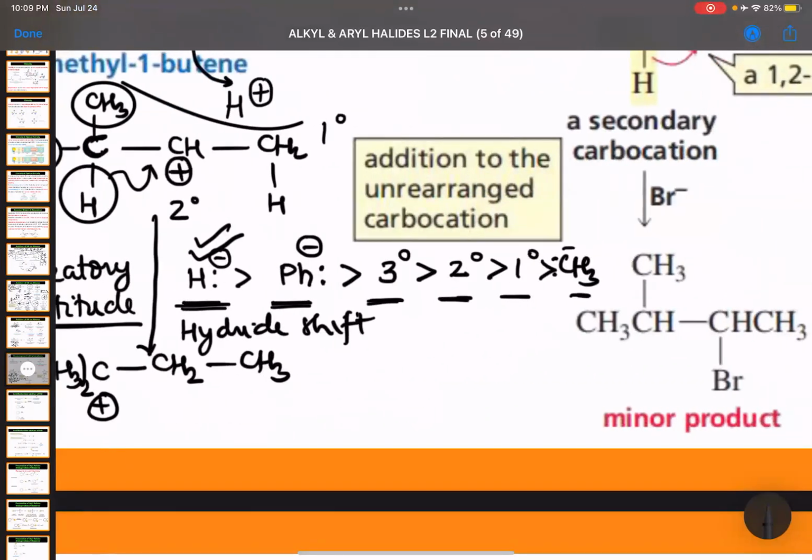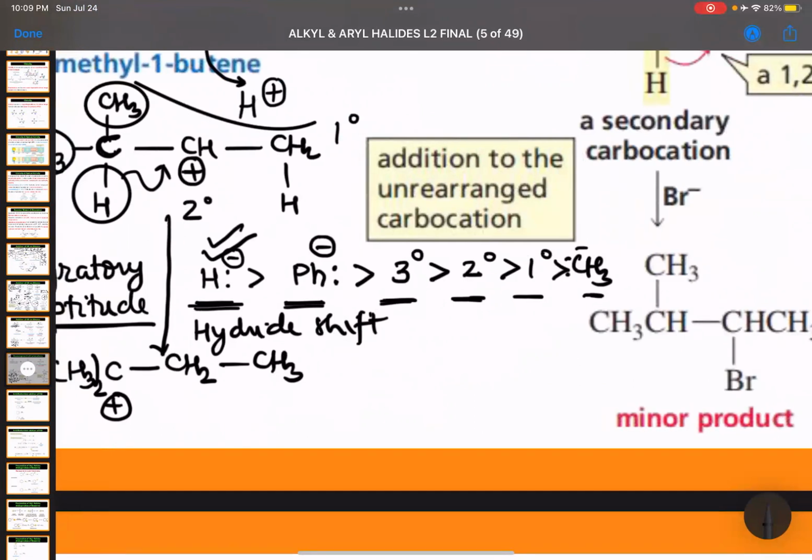So H will shift along with the electron pair to this carbon. Because H has shifted along with the electron pair, that carbon now will have complete 4 bonds and will not have a positive charge. But where will the positive charge come? It will come on the carbon from which the group has been transferred.